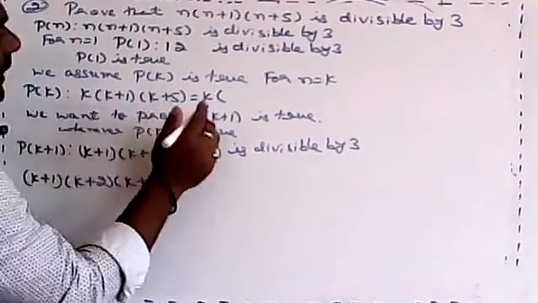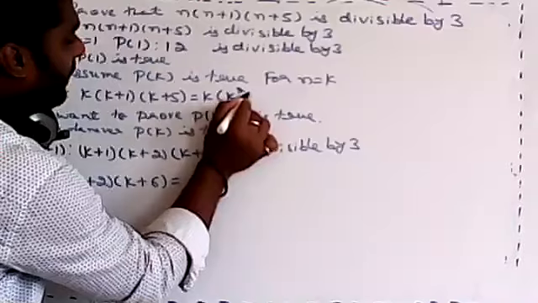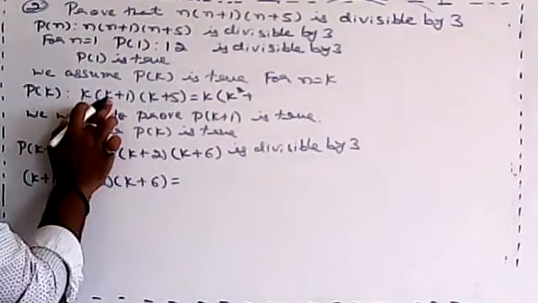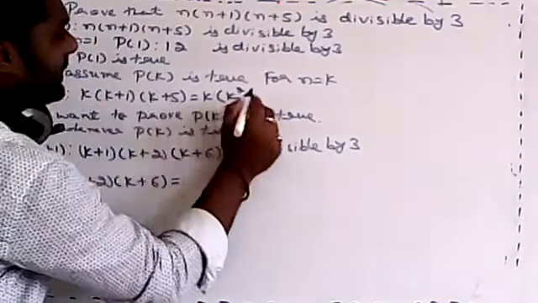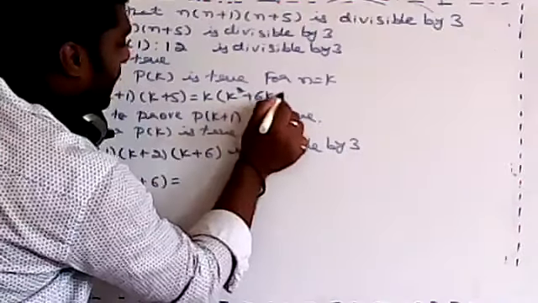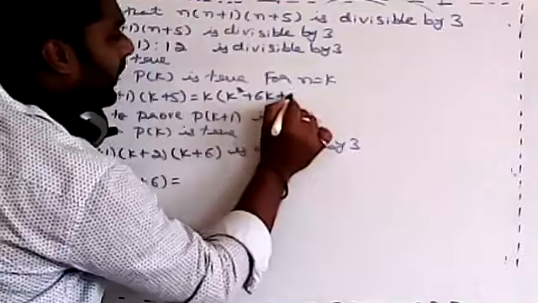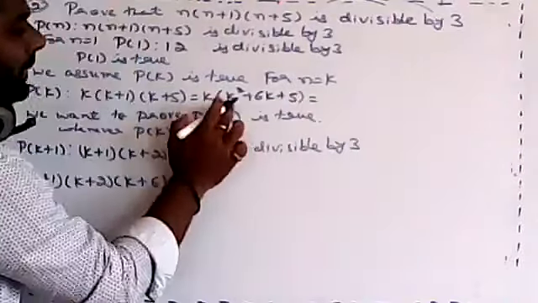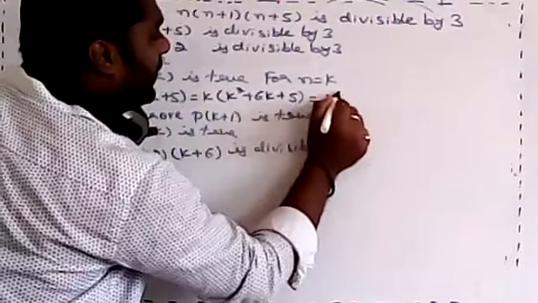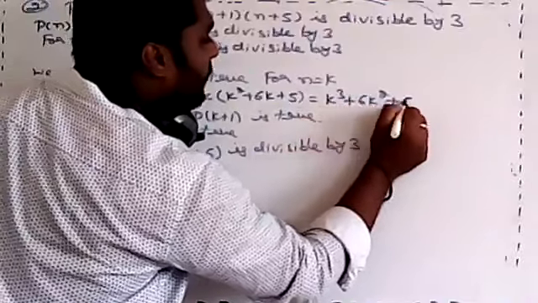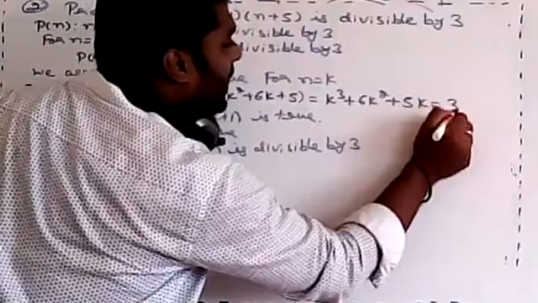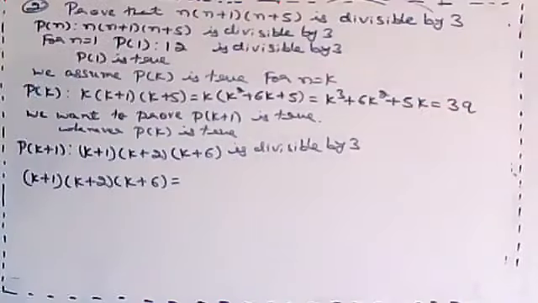K into k is k square plus k into 5 is 5k and k into 1 is k. 5k plus k is 6k plus 5 into 1 is 5. Correct? Again I'm multiplying with k, that one will get k cube plus 6k square plus 5k. I'm taking that one as 3q. Clear or not this one?